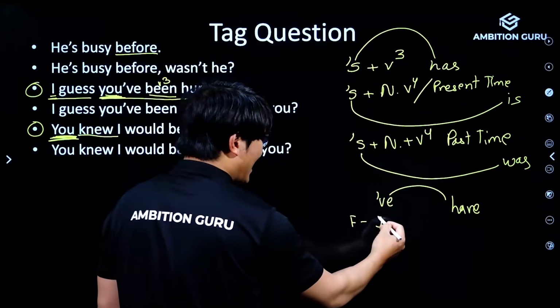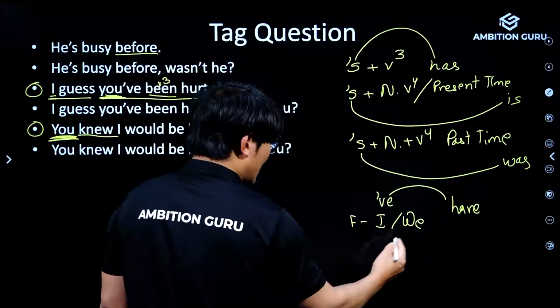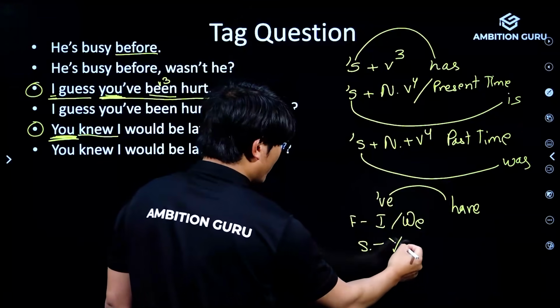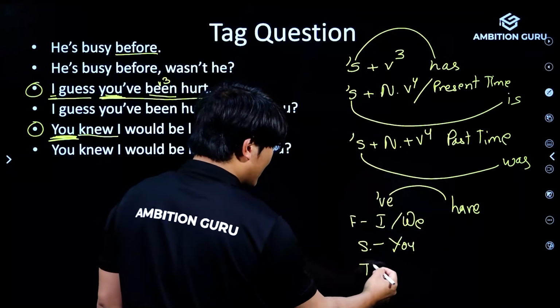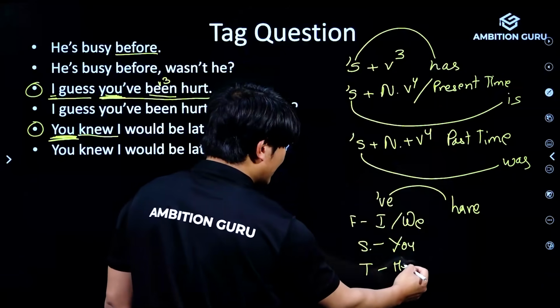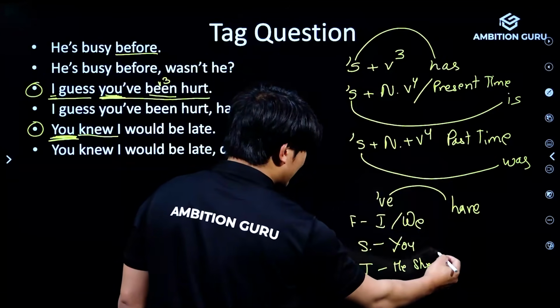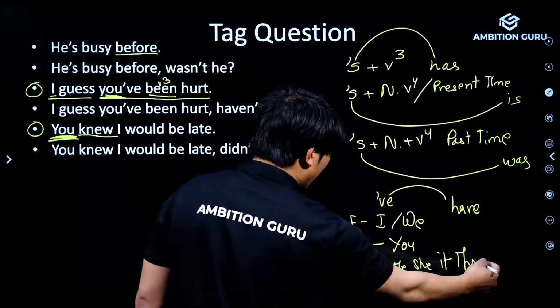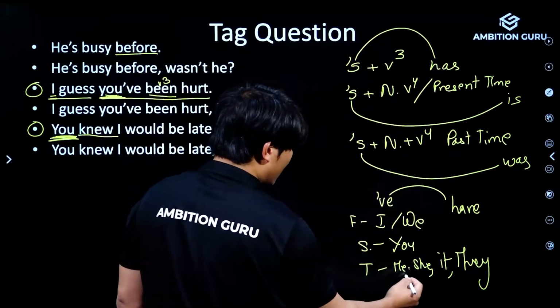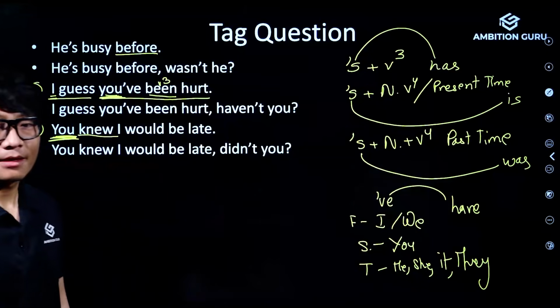First person means I and we. Second person means only you. And third person means he, she, it, and obviously they. They are the third persons. Clear?